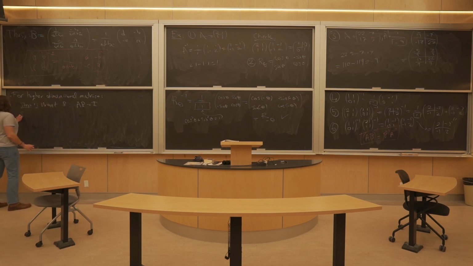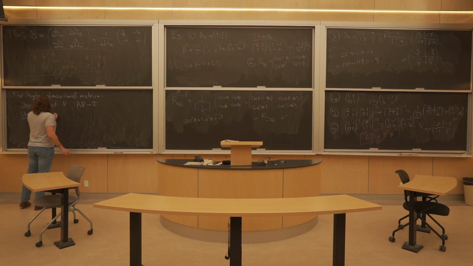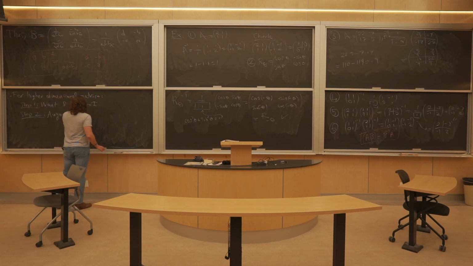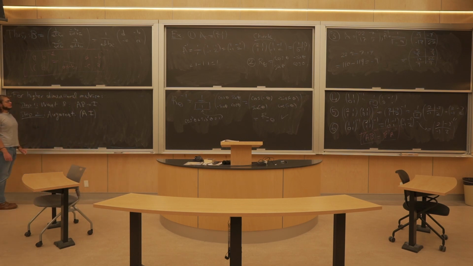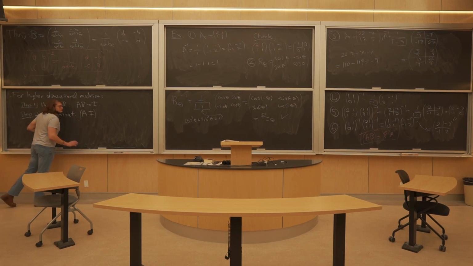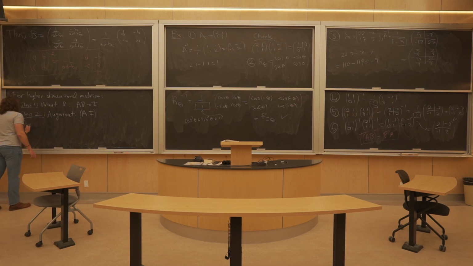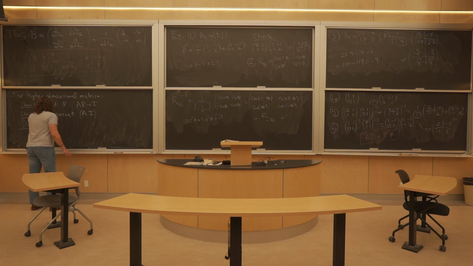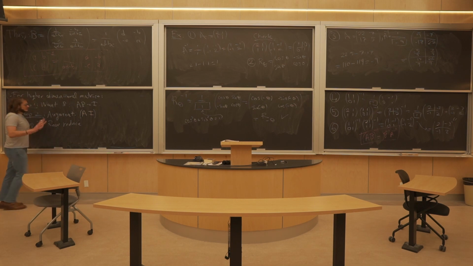So, step 2: augment. Okay, now this is the augmented matrix. Step 3, do row reduction from week 1 until, row reduce, let's say.